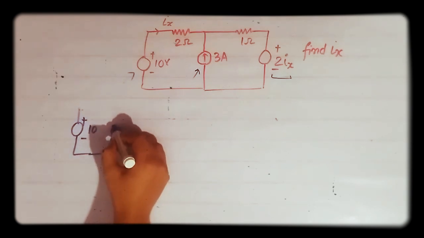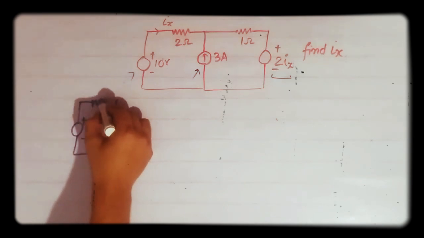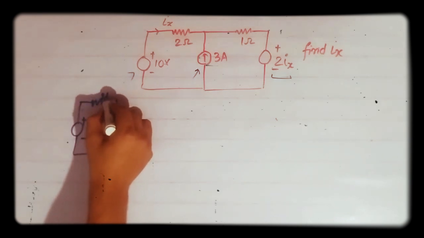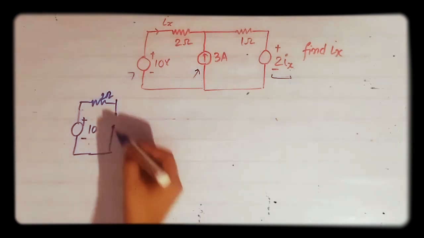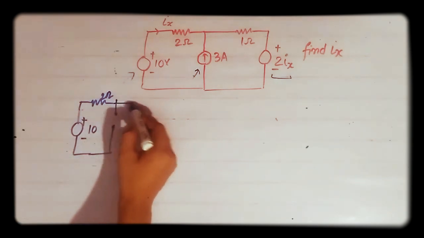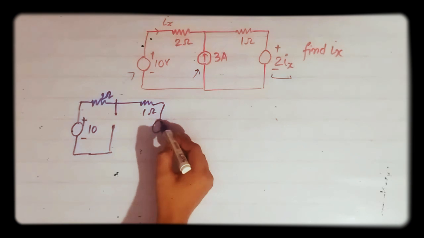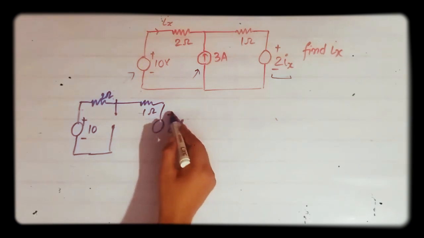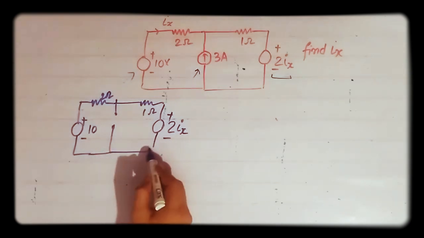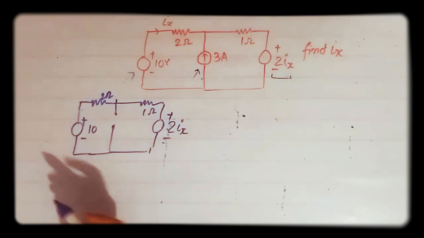When I take this 10 volt source, I will make the 3 ampere current source open circuit. This is a 2 ohm resistance and this is 1 ohm, and I have to keep the dependent source. Now apply KVL in this loop.